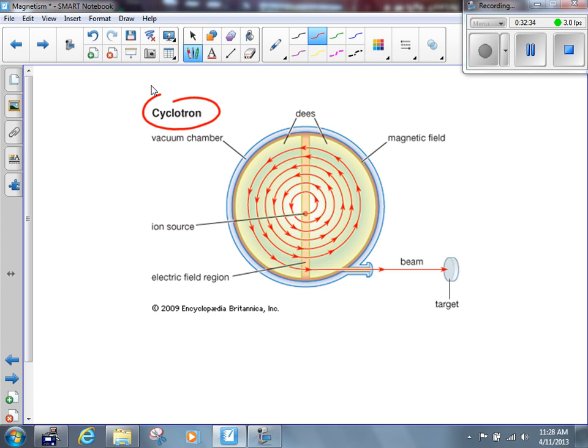What happens is we end up trying to create these isotopes of elements that will emit positrons. As they do that, they'll also emit gamma rays, these gamma ray photons. What happens is we inject something in here, we accelerate them, we get them going to a really, really high speed, we collide them with some other atom over here at the target, and then we take that particle that's been produced and we essentially inject it into the body.